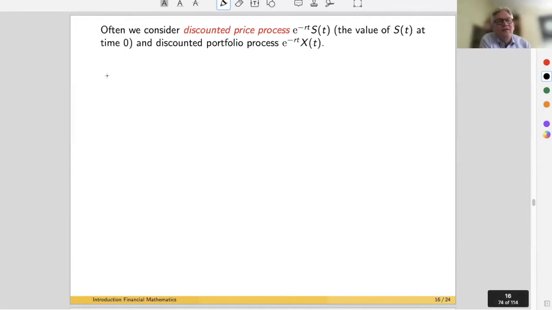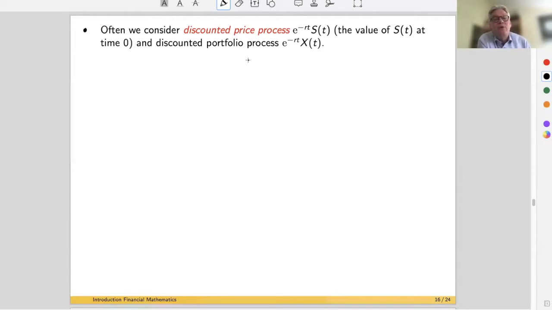Now, often in finance, we are not so much interested in the value at time t. We basically would like to know the value at time 0. And in order to get to the value at time 0, we use discounting, and we discount with r.